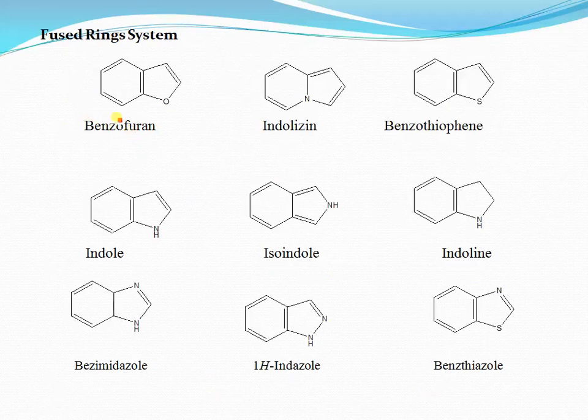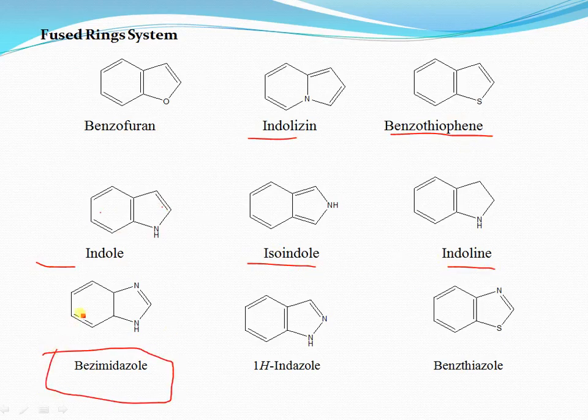It is benzofuran. Numbering system is from 1, 2, 3, 4, 5, 6 and 7. It is benzofuran. Indolizine, benzothiophene, then indole, benzpyrrole, isoindole, indoline, benzimidazole, it is 1H indazole, then benzthiazole.